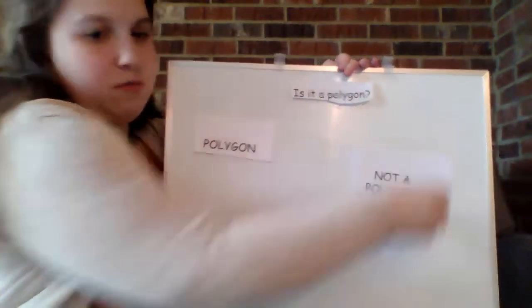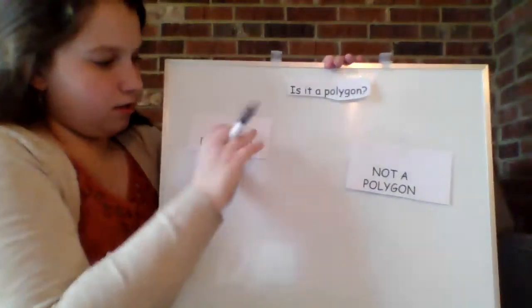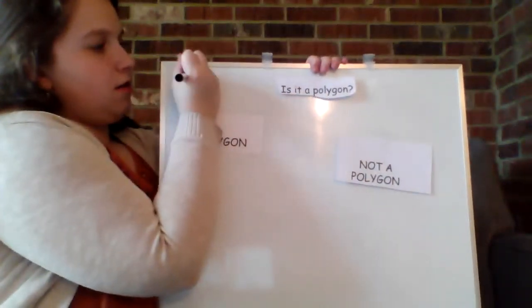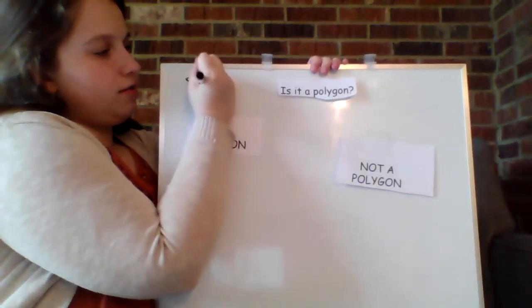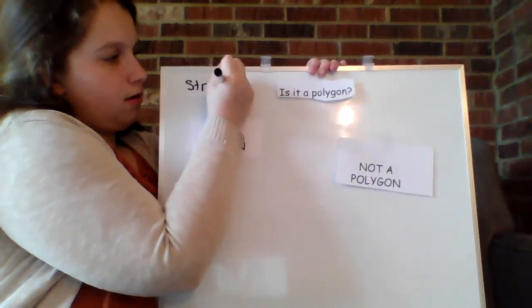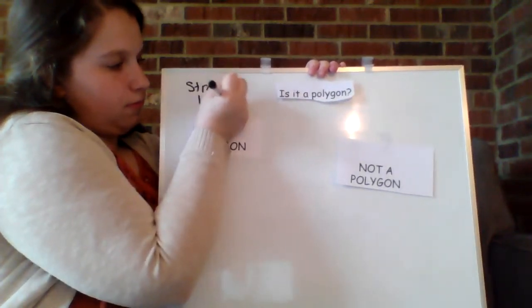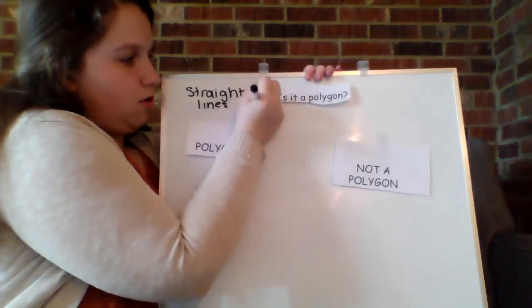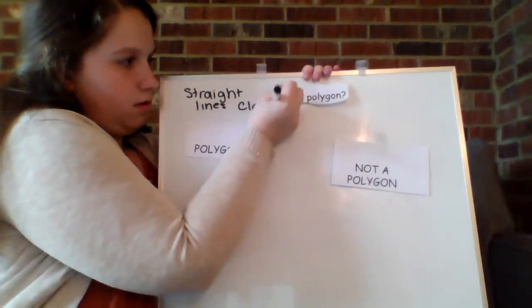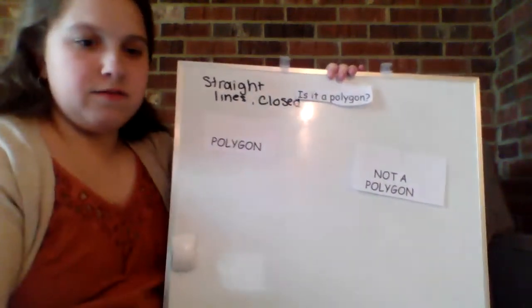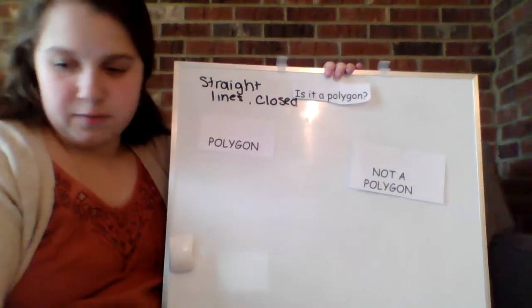Remember, when we are thinking of a polygon, it has straight lines. It's closed. And it's created of line segments.